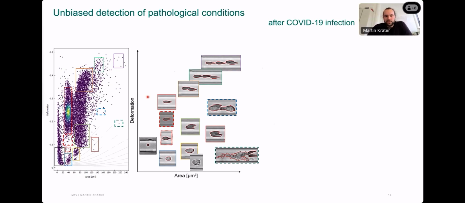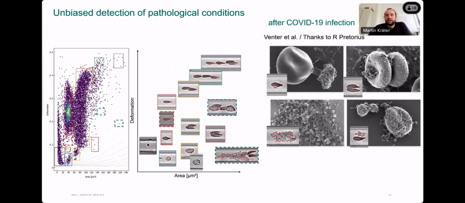And with these images, we can not only detect the classical cells, as here the lymphocytes, the granular monocytes and the erythrocytes, but we can also detect much more events which appear in the blood. What you can see here is leukocyte aggregates, but also these kinds of microclots.